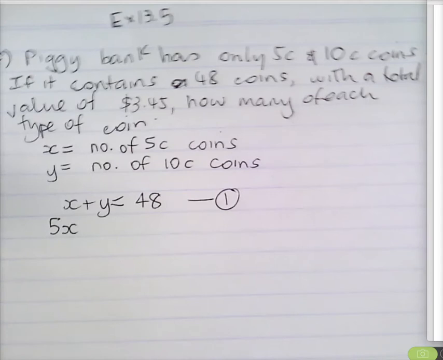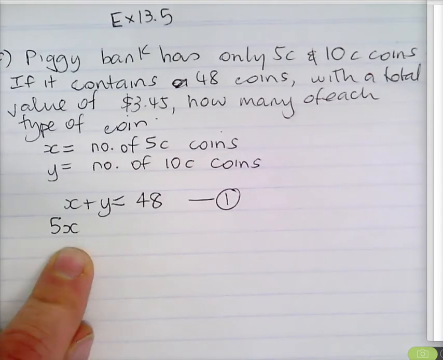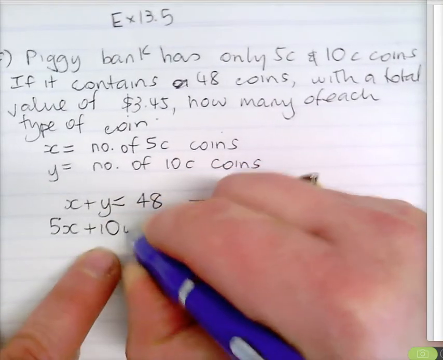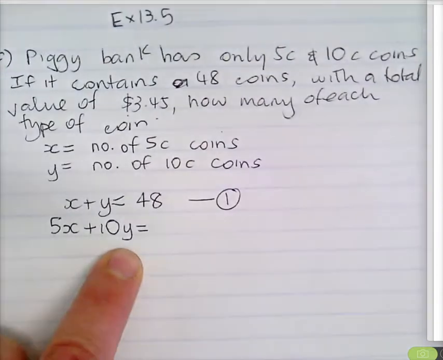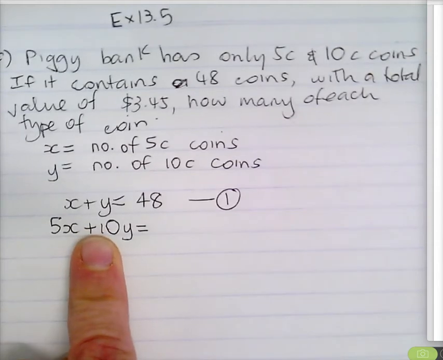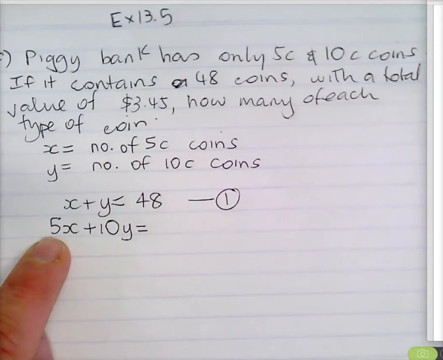So 5 times how many 5-cent pieces will give you the value of the 5-cent pieces, plus 10 times the number of 10-cent pieces. If you had 30 10-cent pieces, it would be 30 times 10 cents is $3. Does that make sense? So it's 5 cents because each 5-cent piece is worth 5 cents.